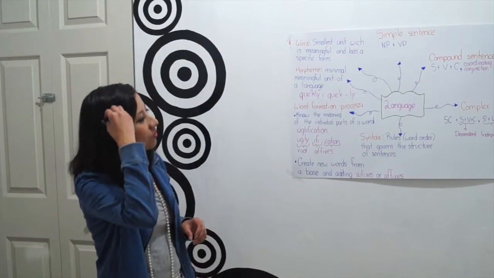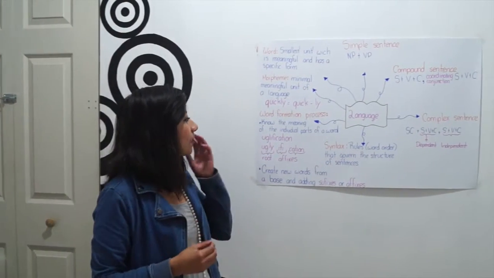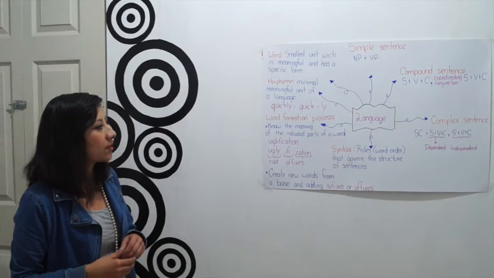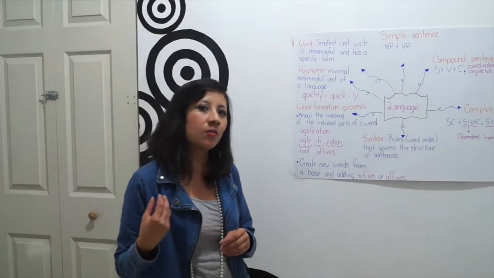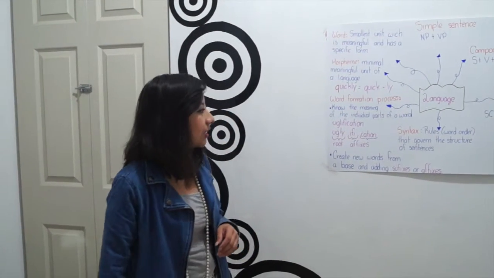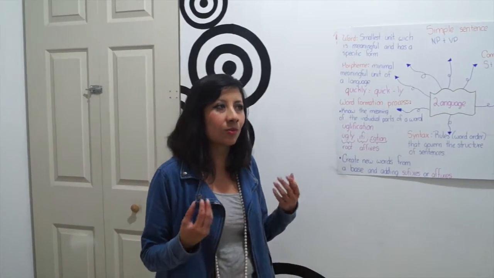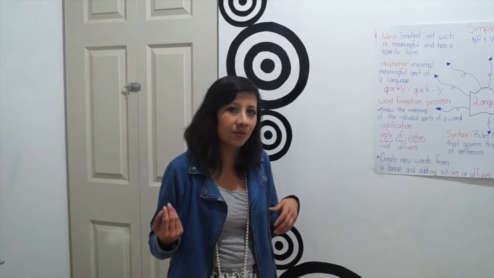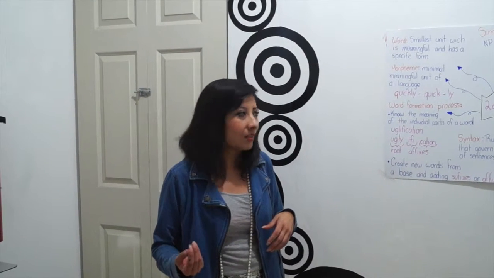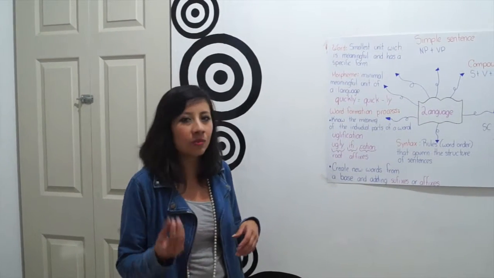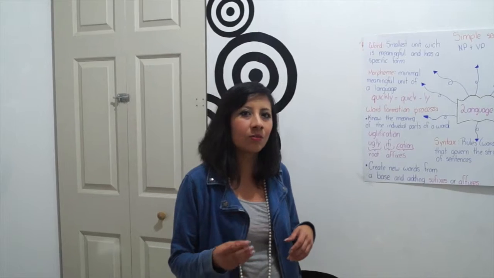The word formation process. To know the meaning of the individual parts of the word, we use the word formation process. In this way, we can listen to words that we have never heard before, but we can know the root of the word, and in that way we know the meaning.